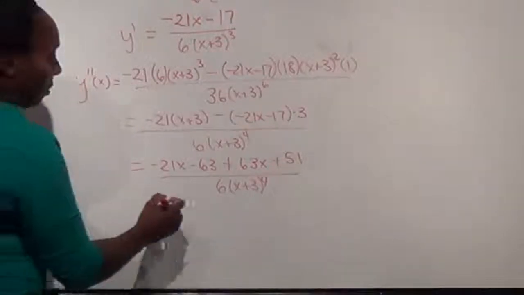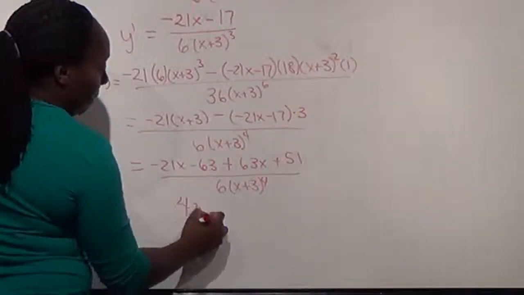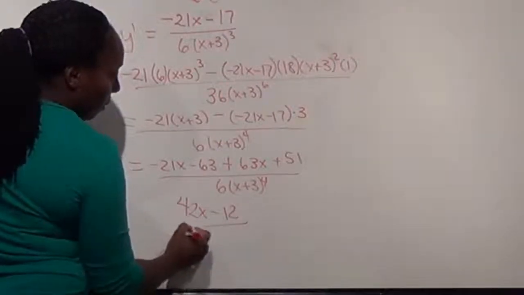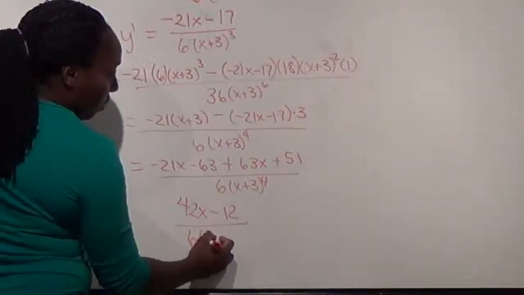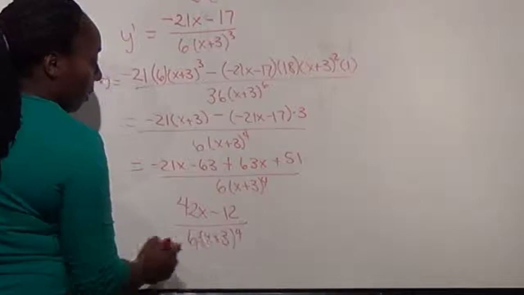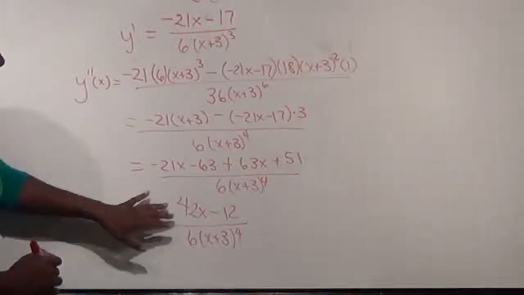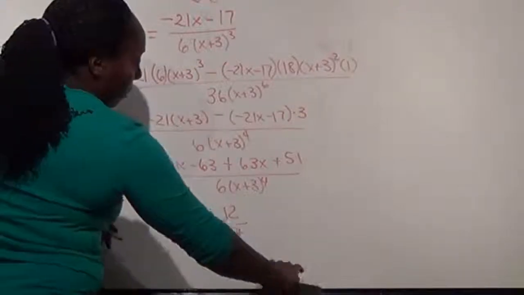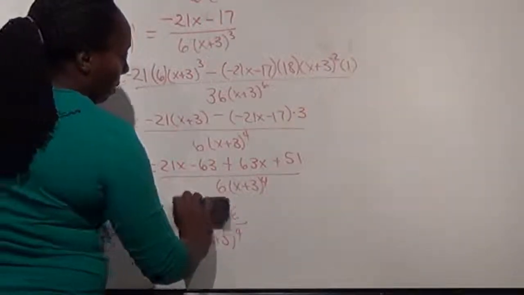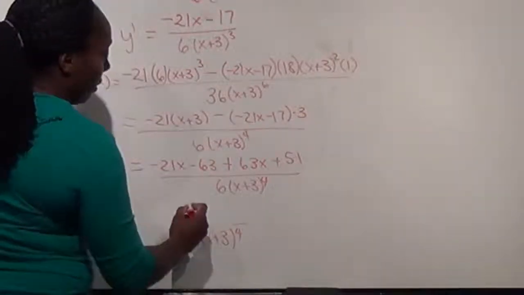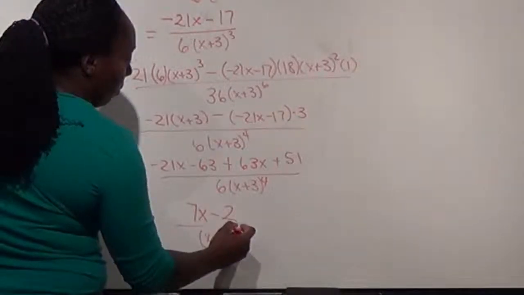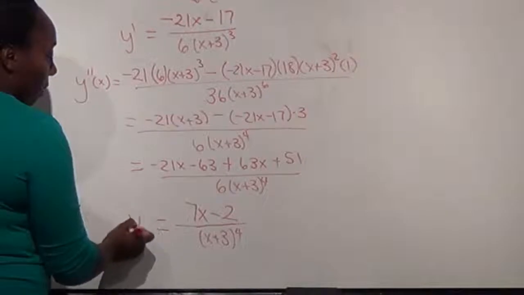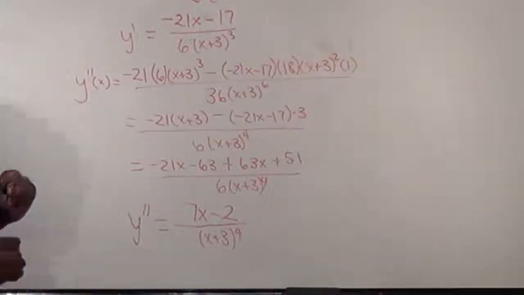Combining like terms, we'll have a 42x minus 12 over 6(x plus 3) to the 4th. Okay. Here you can notice there's a 6 in every term, so I'm going to go ahead and just take that out, and we'll have a 7x minus 2. Okay. There's our second derivative.